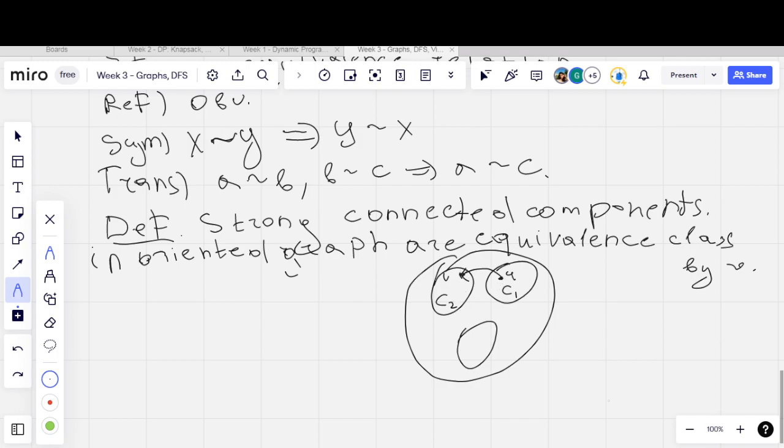But if there exists another edge back, then the union of C2 and C1 will be a new component. Okay.